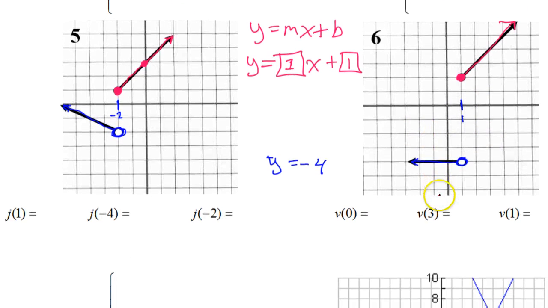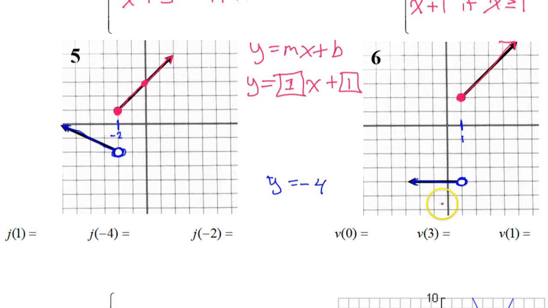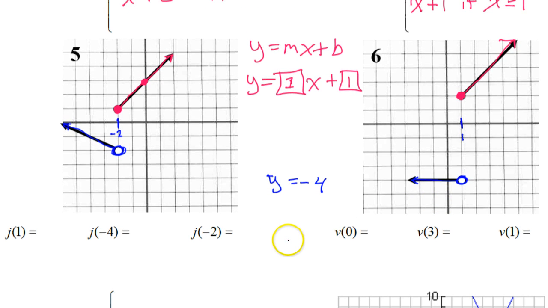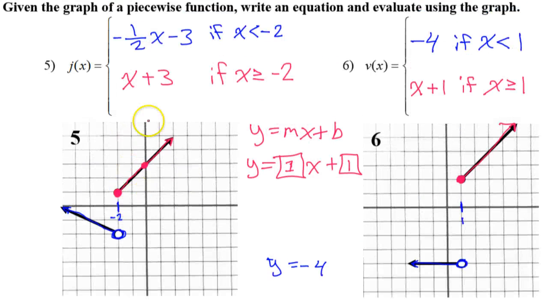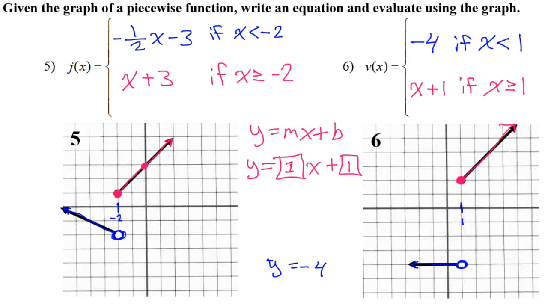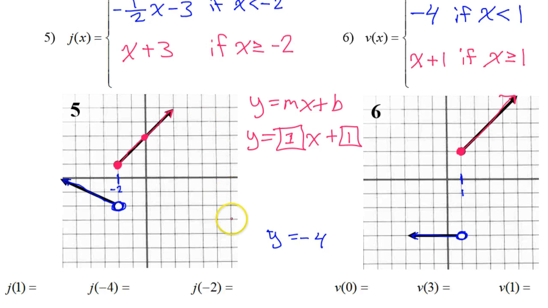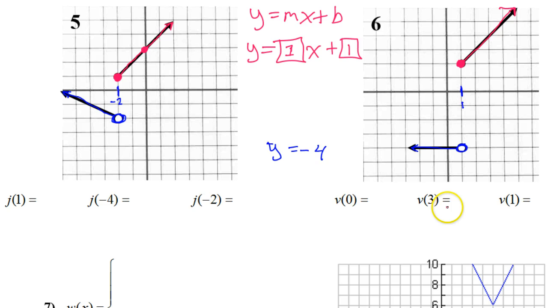And hey, I'm noticing that I was supposed to evaluate as well. So this time, I'm not going to use the equations because I was given the graph. I was not given the equations. So if I made a mistake, then my equations will be wrong, and if I use them to evaluate, then I will get wrong answers.